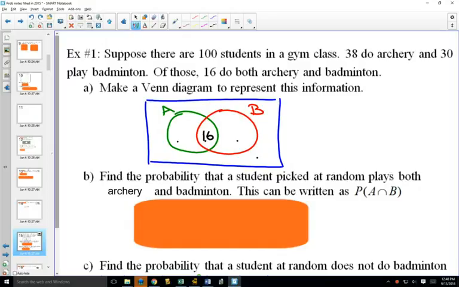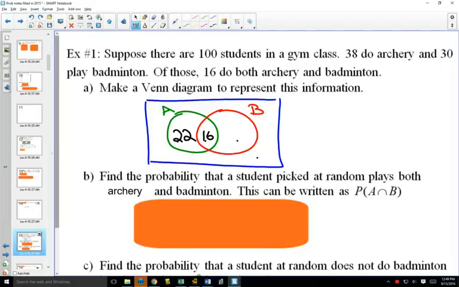Now we might have to do a little bit of mental math. The 38 do archery. I can't write 38 in this space because this space is only archery. But the whole green circle has to be 38. So if 16 people are in the green circle already here, does it make sense that there needs to be another 22 there?